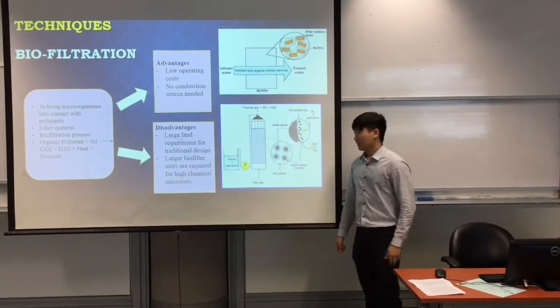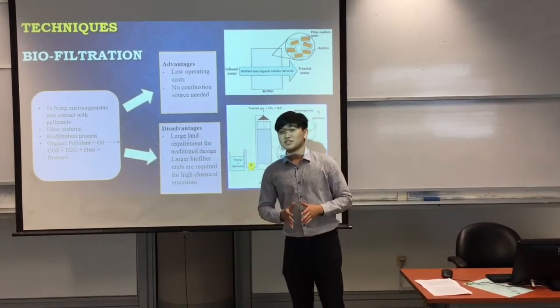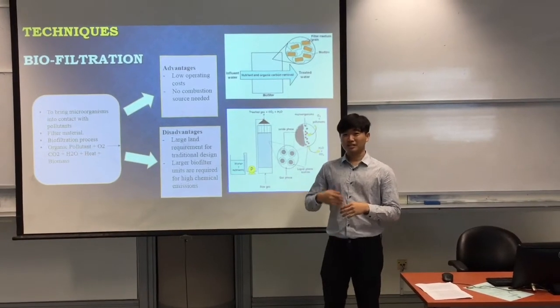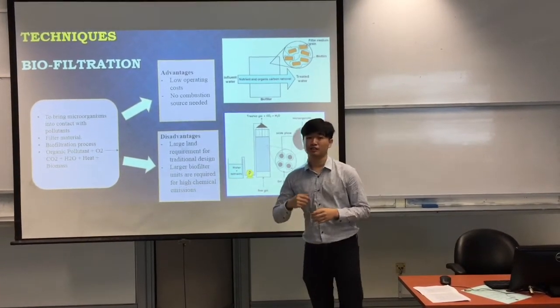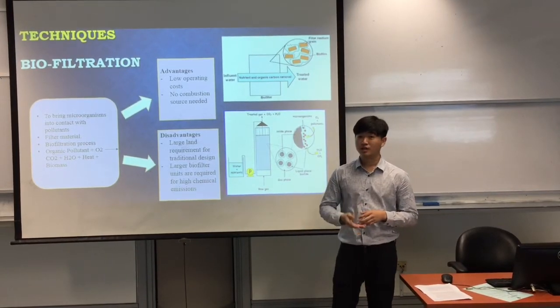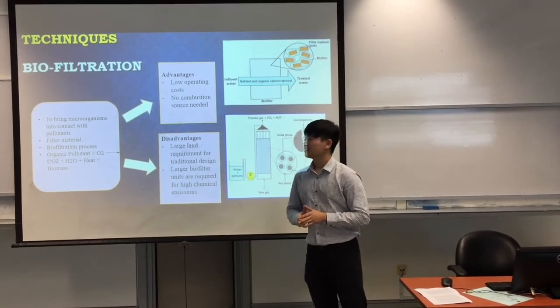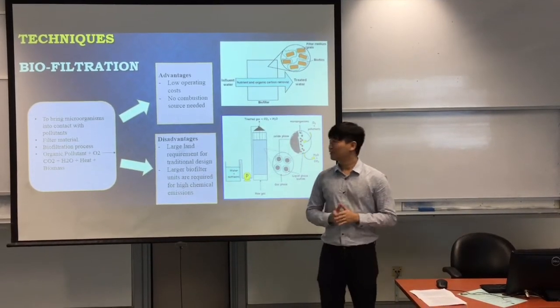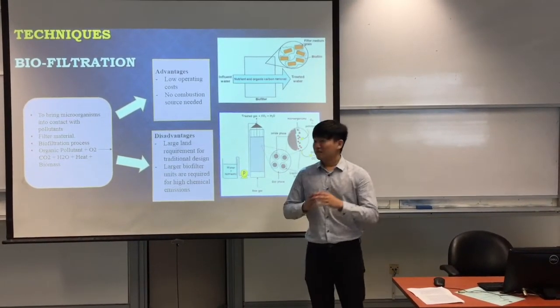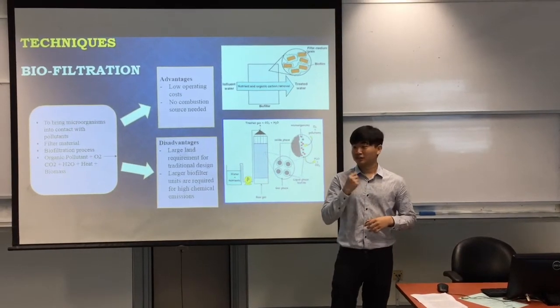Next, there are two common techniques to apply or implement the bioreaction, which are biofiltration and bioscrubber. For the biofiltration, a biofilter is used. A biofilter is basically just a big box with a filter.